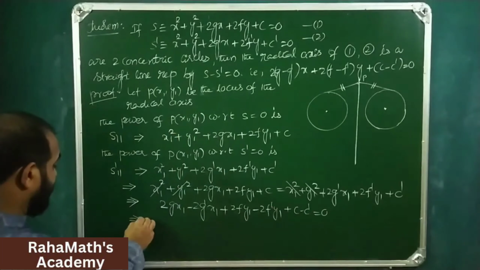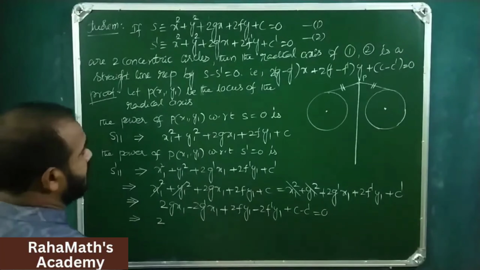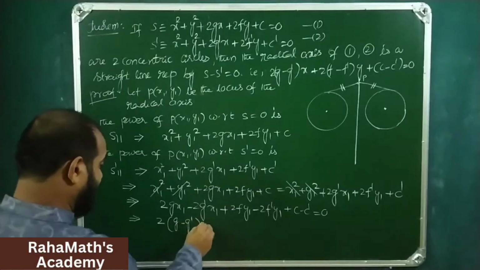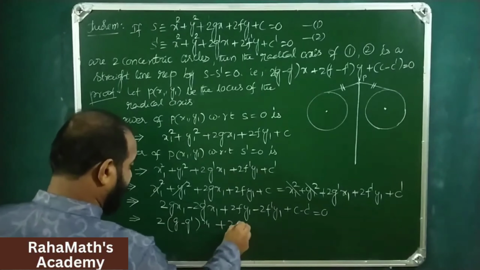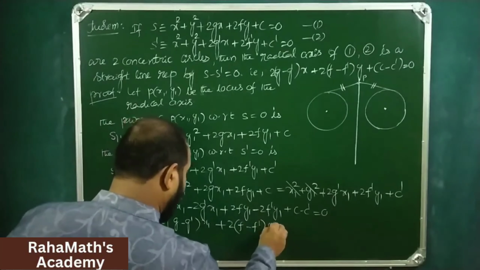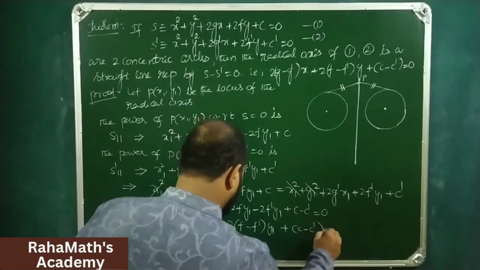So 2 into (g minus g dash) x1 plus 2 into (f minus f dash) y1 plus c minus c dash equals 0.